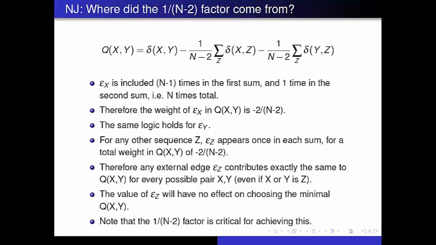Okay, so the basic aspect of this that matters is what kind of edges do we actually want to consider. Well, the good news is that we've already considered external edges, right? We've already shown that external edges contribute equally to all possible qxy for any possible pair xy. So we can restrict our attention exclusively to internal edges.